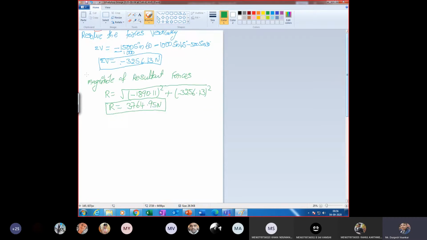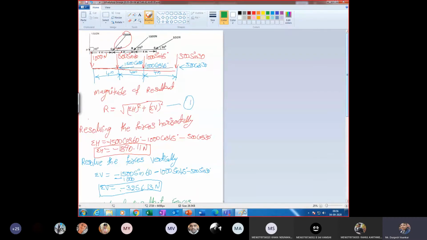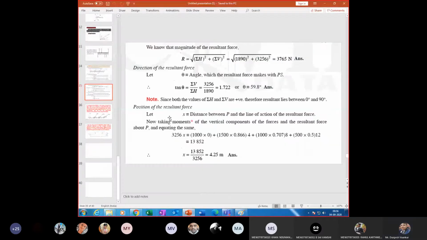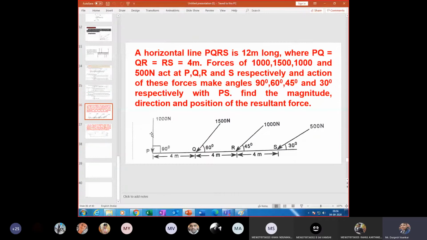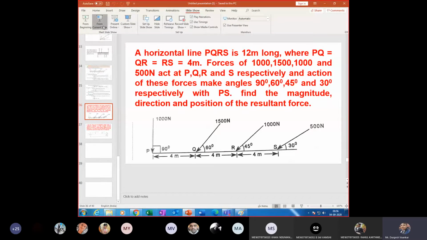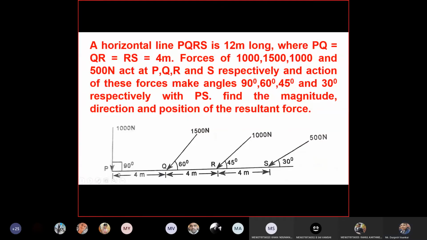Now all forces are in downward direction only, so just by seeing you can tell the resultant force will be acting somewhere in this direction.